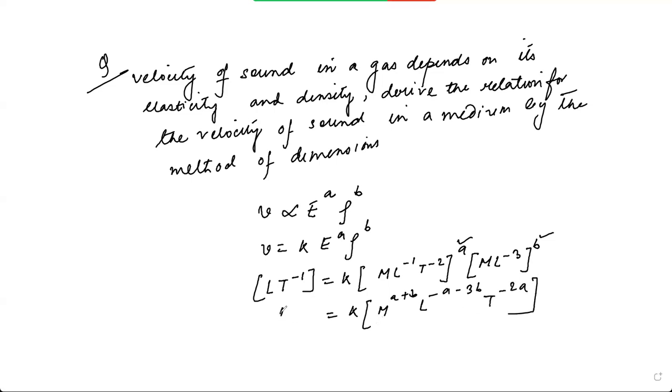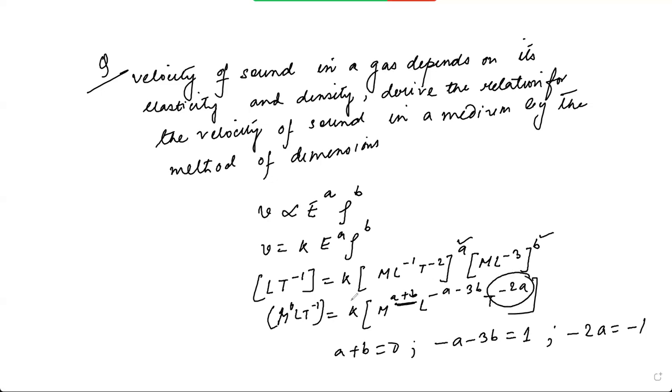Now compare with the LHS. So a plus b equals 0, because on the right hand side the power of M is a plus b and on the left it is 0. Minus a minus 3b equals 1 and minus 2a equals minus 1, comparing the powers of T. So a is half.